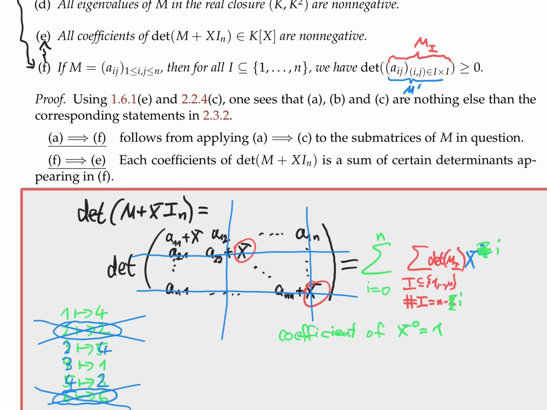So I get the determinant of M, and the coefficient of x to the n, that should of course be 1, right? And what do I get here? I get here that the index set is the empty set, so I get here the empty matrix, and the determinant of the empty matrix is 1, right? So that's good.